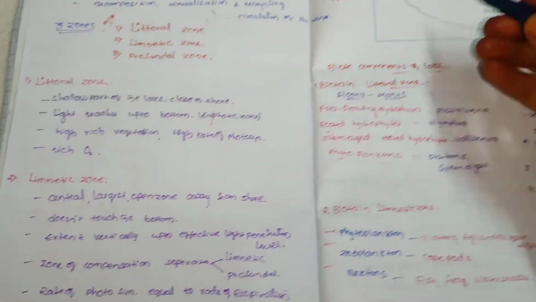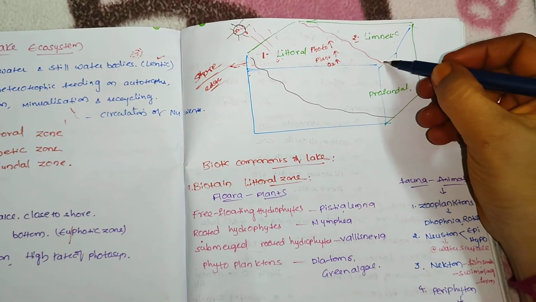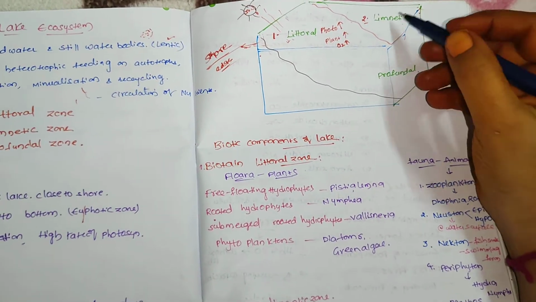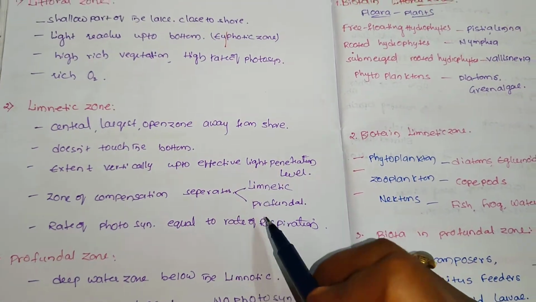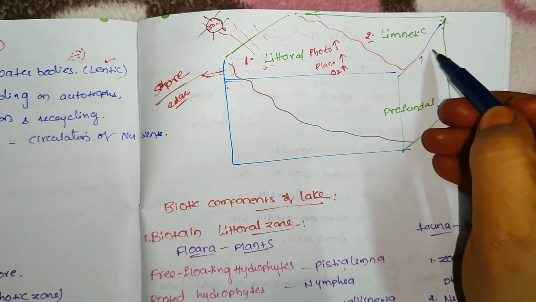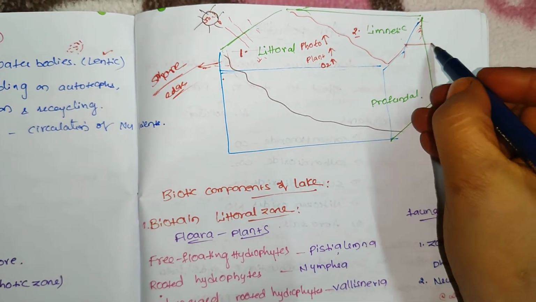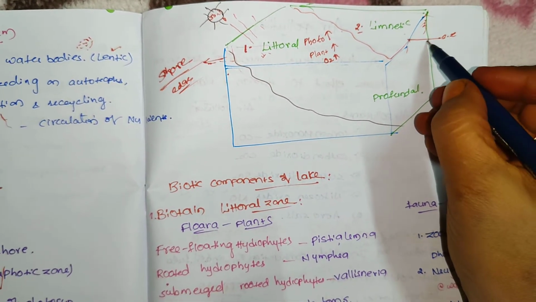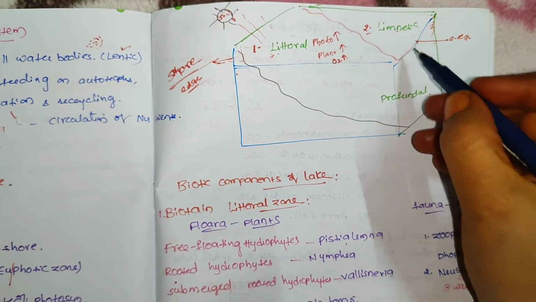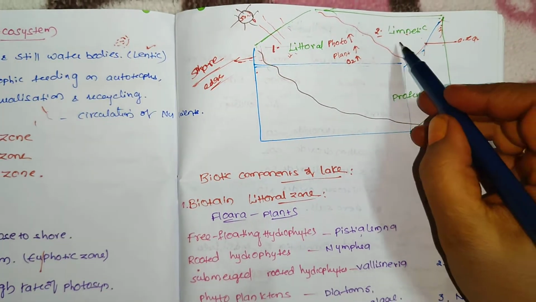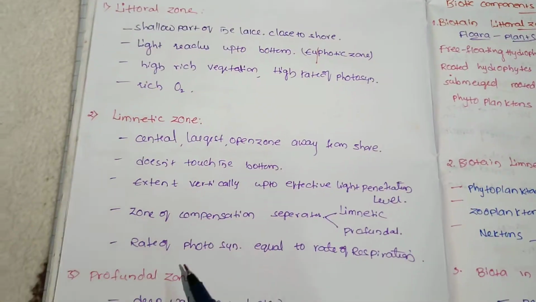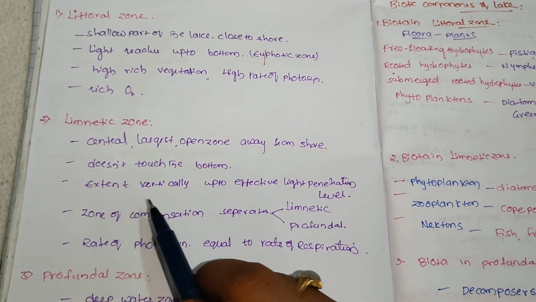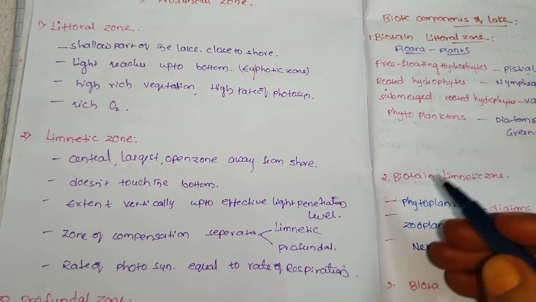It also does not touch the bottom. Here this zone ends, and the zone of compensation separates the limnetic and profundal zones. The limnetic zone does not reach the bottom, and it extends vertically up to the effective light penetration level.